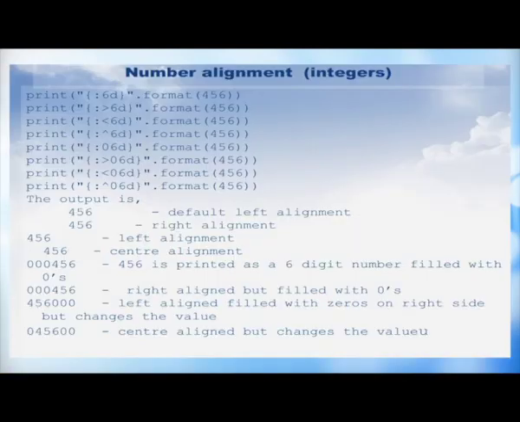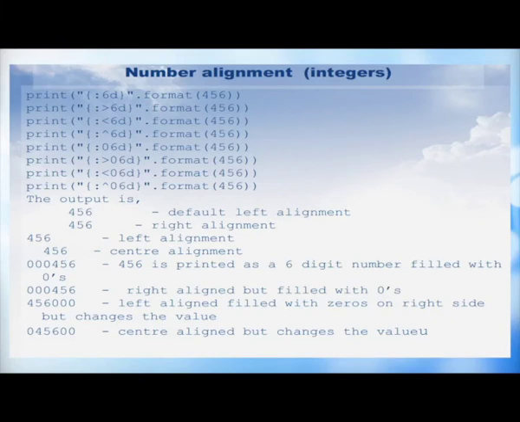Earlier we saw how to display strings with right, left and center alignment. Shall we try the alignment of numbers? This example shows how to align or format integer numbers.